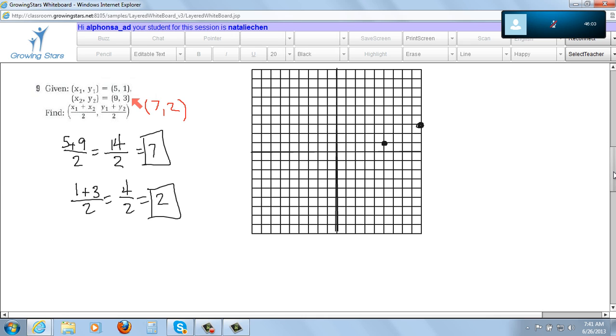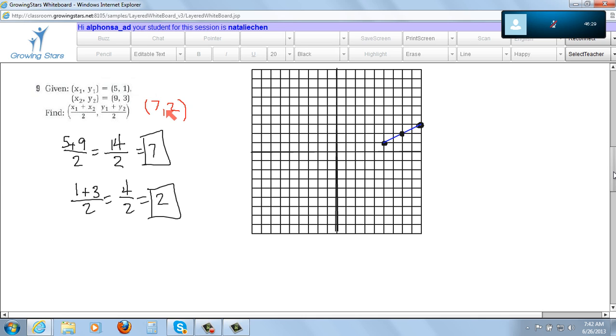Right here. Now, I'm going to connect these two. So this is one segment. Now you plot the point 7, 2. Right here, 7, 2.